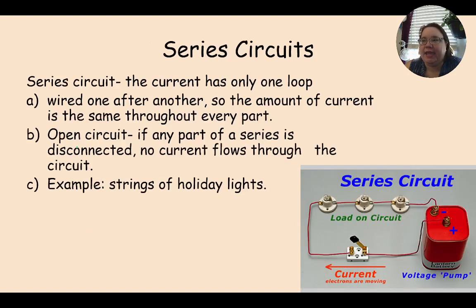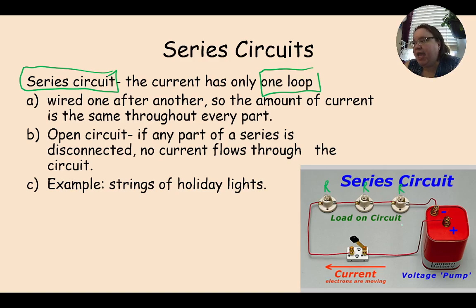So, a series circuit. A series circuit is where things are connected in only one loop. There is only one path for the electrons to flow. You can have multiple resistors, so multiple light bulbs. Like each one of these little light bulbs is a resistor.